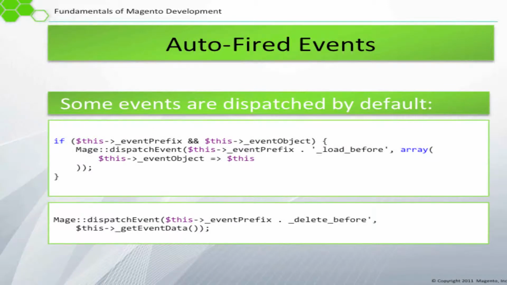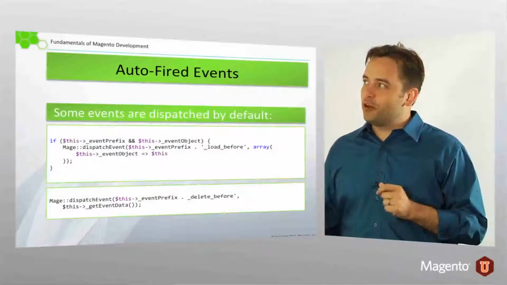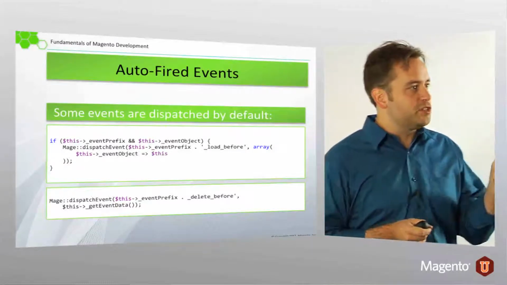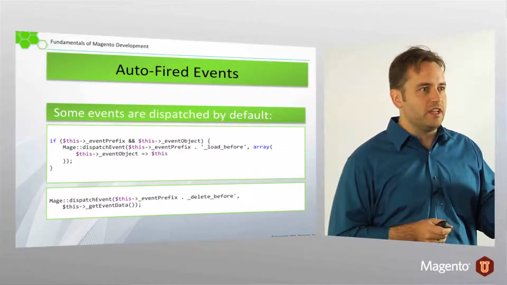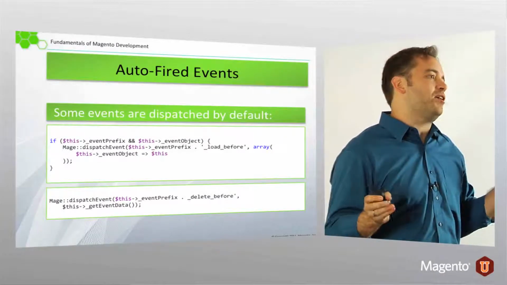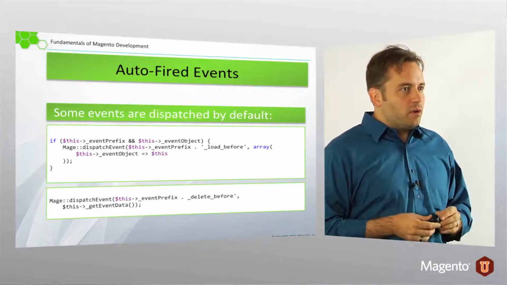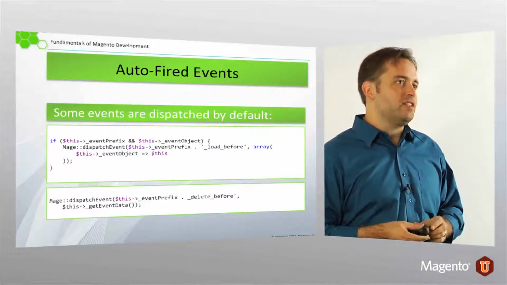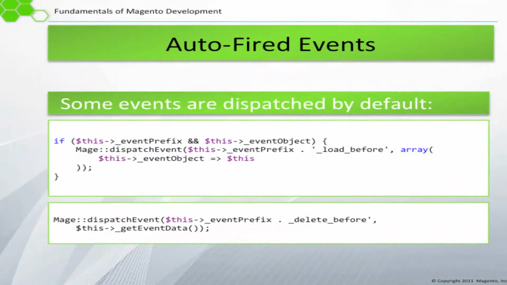Before we get into a nice practical example of event observers, I do want to point out that there are lots of auto-fired events. I think you recall me mentioning yesterday that several events are automatically fired, because just based on configuration of your object, you can pass in your own string to identify your object, and based on different methods that can be called on your object, you'll end up with these different events being fired.